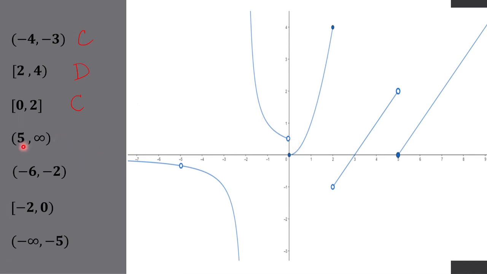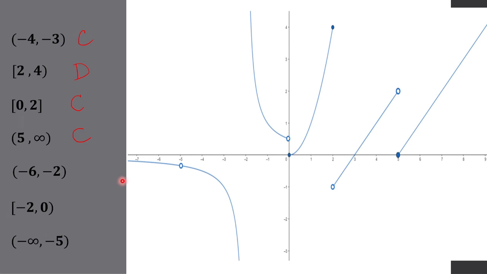Next, we have 5 to infinity. So 5 to infinity is here, not including 5 to infinity. Therefore, this is continuous. Negative 6 to negative 2. Negative 6 to negative 2, as we can see, we are including a hole inside the interval.